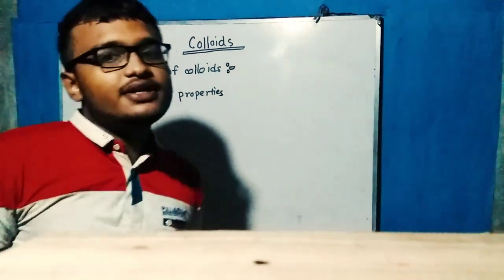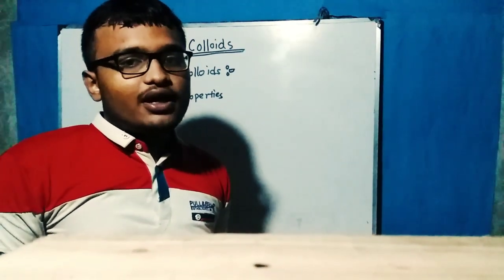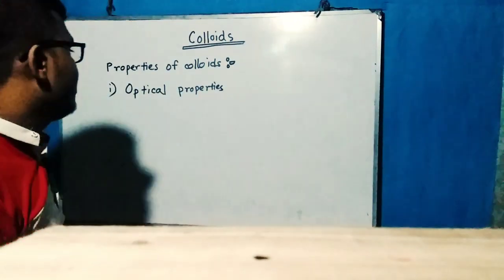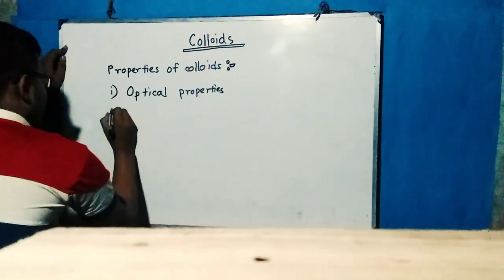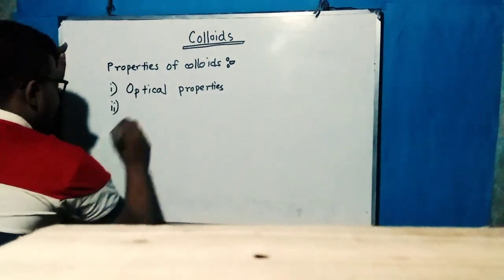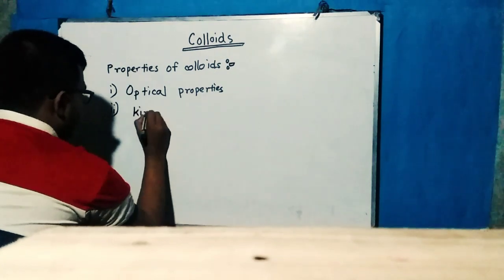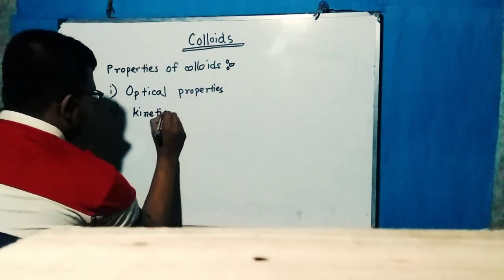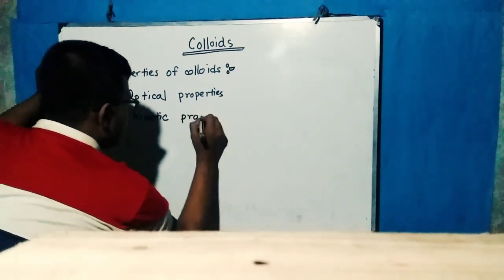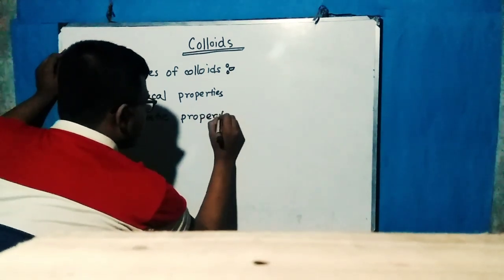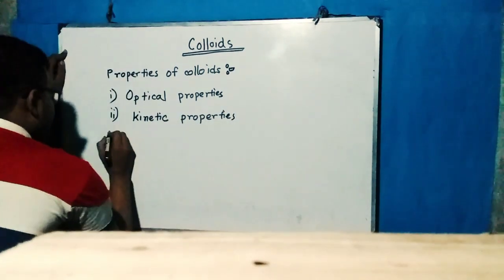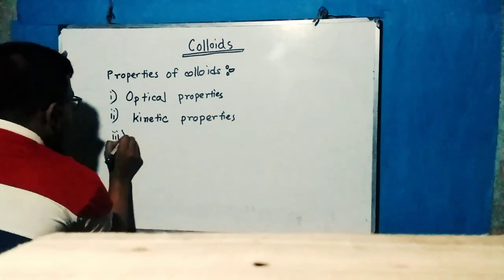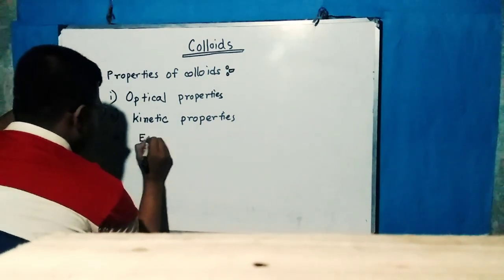Optical properties means how the colloids behave in an optical medium. The second one is kinetic properties. And the third and last one is electrical properties.